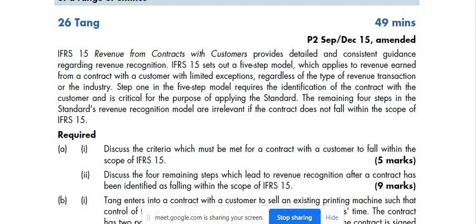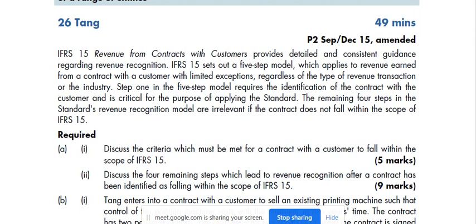Recognize the revenue when the performance obligation has been satisfied. What is involved there? So here, you're supposed to look at control, like we were talking yesterday about control.